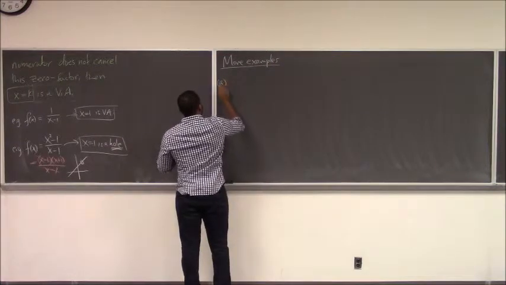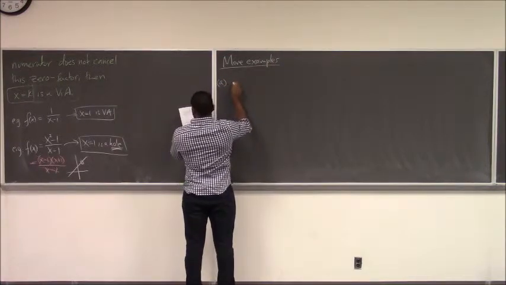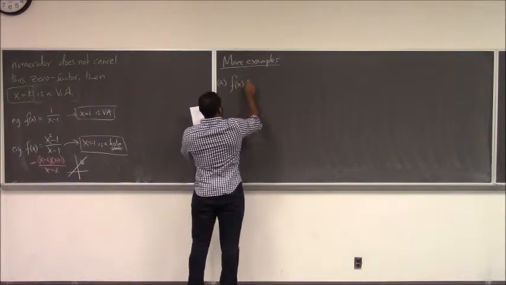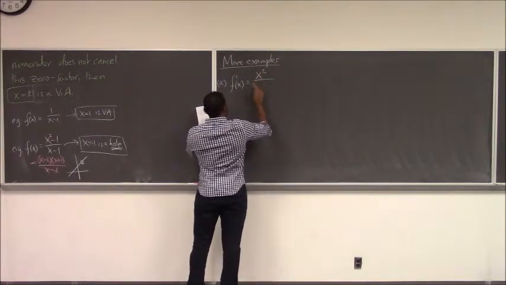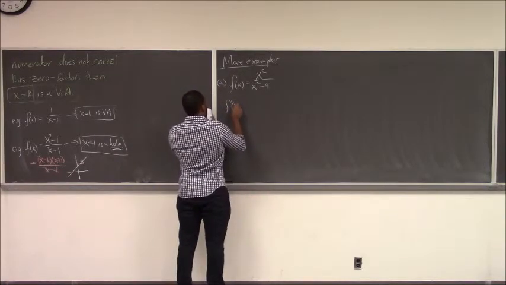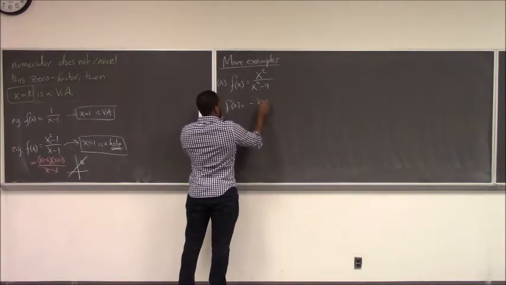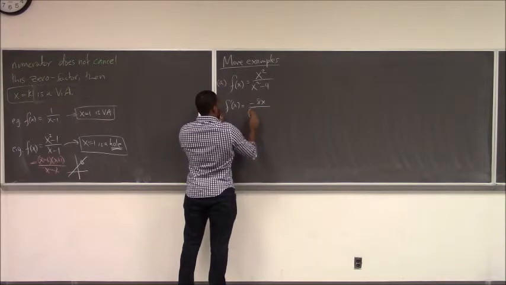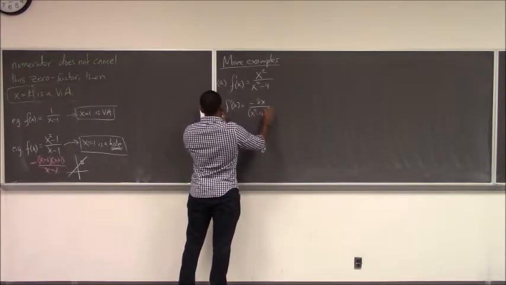Let's talk about A. Our function is x squared over x squared minus 4. We're told that the first derivative is minus 8x over x squared minus 4, squared.